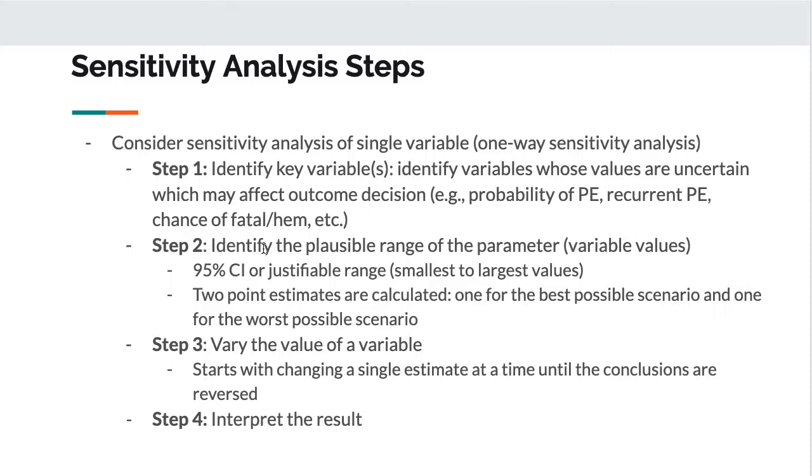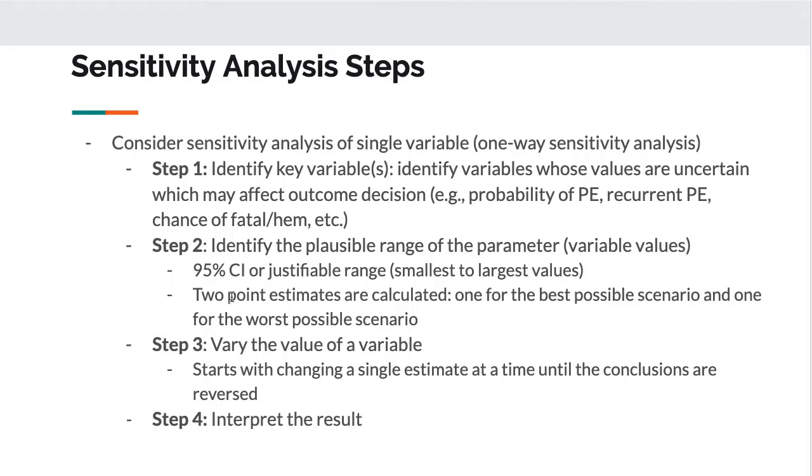Step number two, identify the plausible range of the parameter or variable values. One of the typical ranges we can consider is the 95% confidence interval, or a justifiable range, from the smallest to the largest values of the parameter.